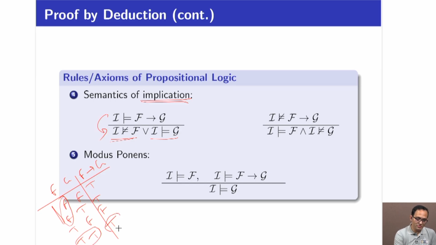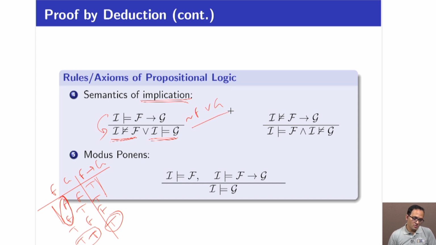So, whenever f is false or the interpretation does not satisfy it, this will be automatically true, and if I satisfies g, then only this is going to happen, right. So, effectively this is not f or g, right.